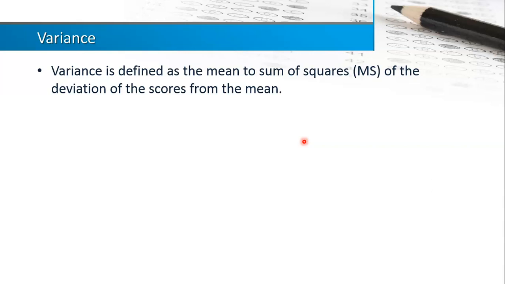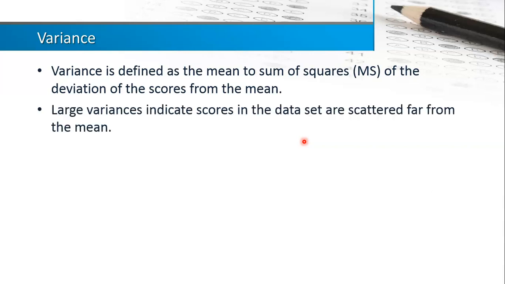And then the distance will be either a negative value or a positive value. So to remove the negative values, we square all the differences, so you get the sum of squares there.